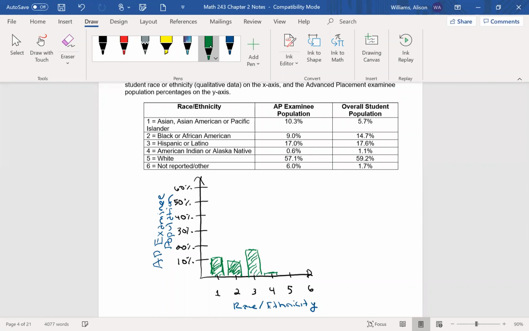It's very tiny. Okay, here's the big category, 57%. Wow, that's very sloppy. That's all right. And 6%. So back down here, a little over half to that.